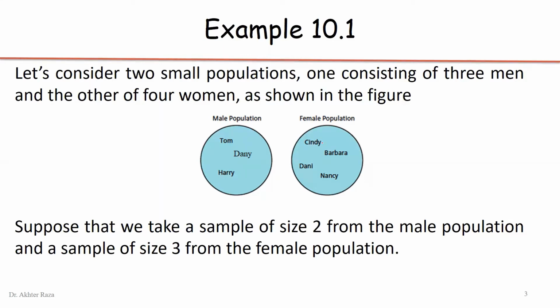Tom, Danny, Harry, these are the 3 people in population number 1, which is the population of males, and 4 females are there in the population of females. We have to take a sample of size 2 from population 1. Here the population size is 3 and the sample size to be selected is 2.